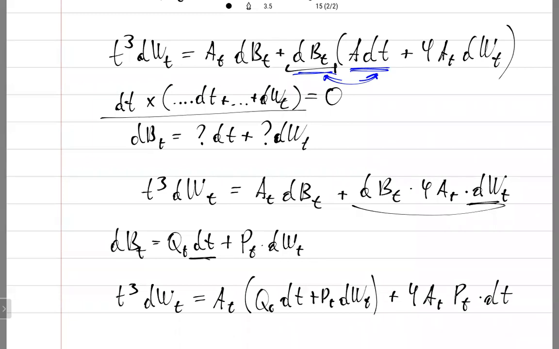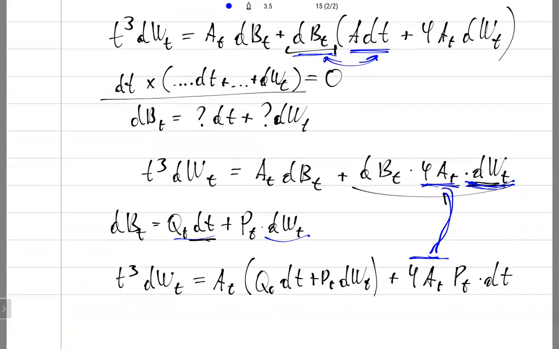Am I right? Let me check, because with a small screen it's much more difficult for you and for me. With a whiteboard, I can leave previous results. Okay, it's 4a. I think that's correct. dw times dt is 0, dw times dw is just dt.